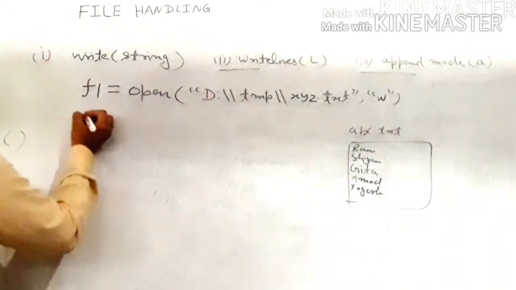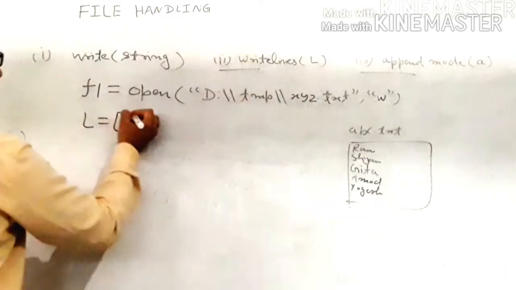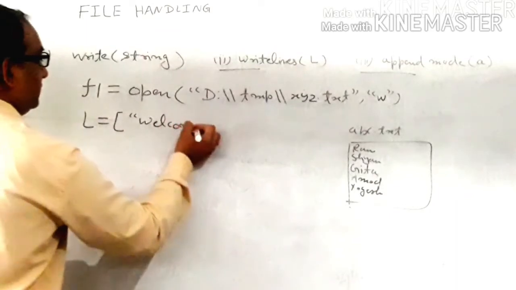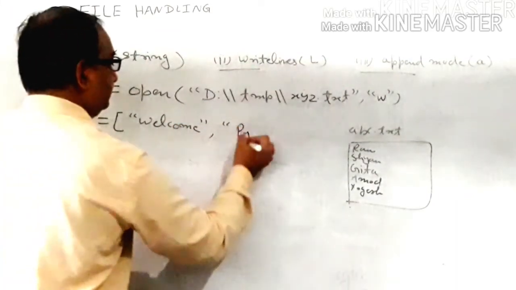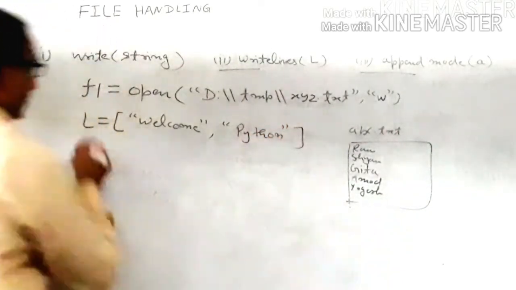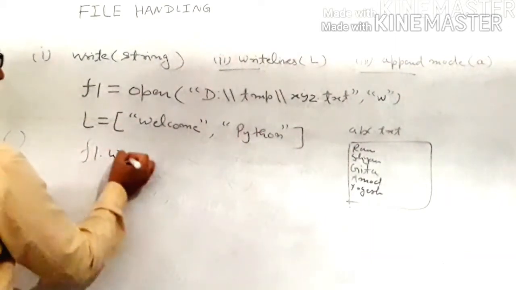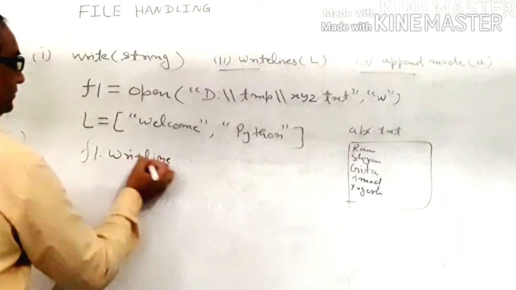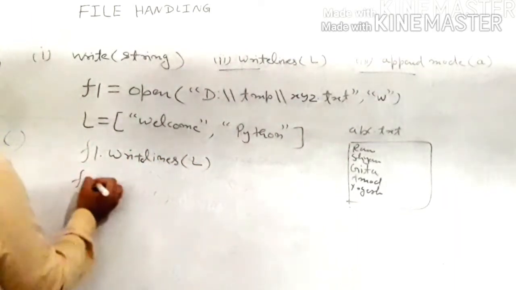Now we use a list having some information, "welcome" and another, "Python". Now these two texts are in the list, and we can write this information with f1.writelines, and then close the file with f1.close.